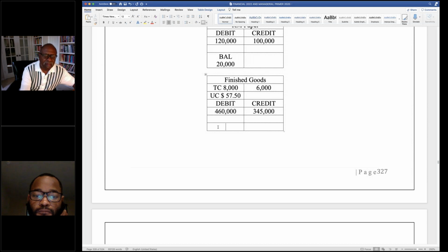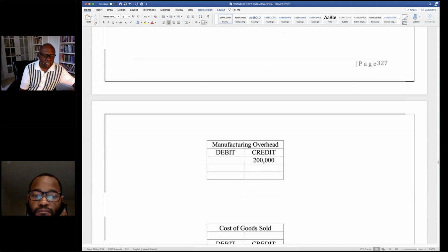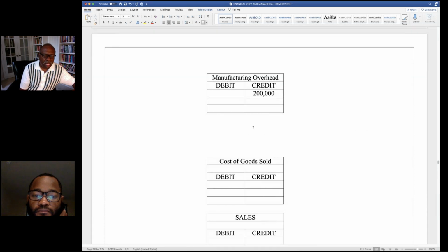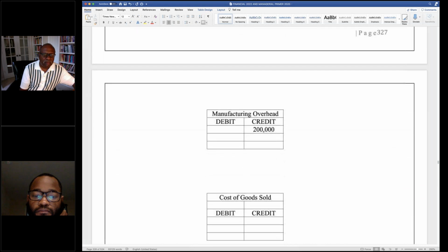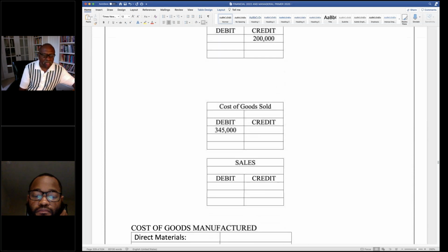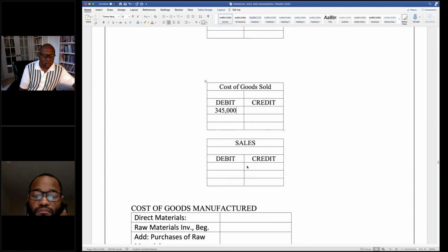No, 115,000. Now I'm gonna come back to this finished goods account in just a second. So cost of goods sold is now gonna have a debit of what? 345, right? Sales has this credit of $1.2 million.